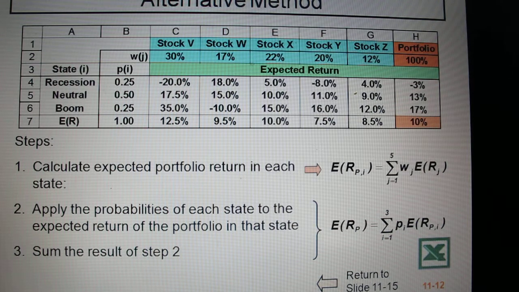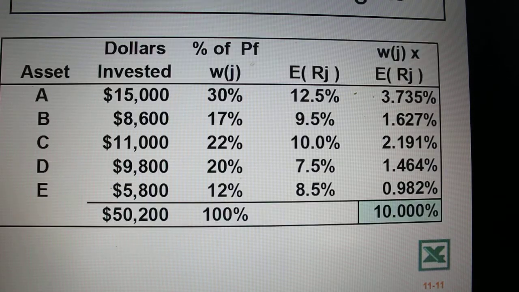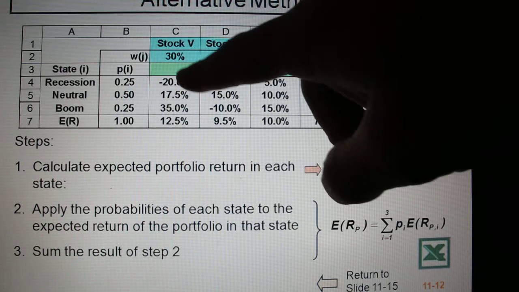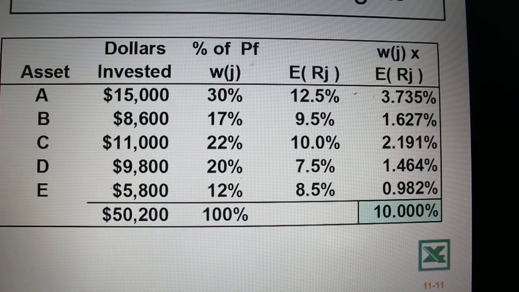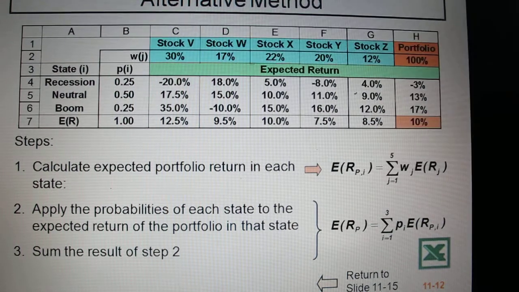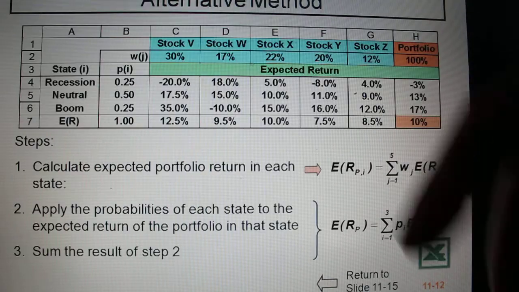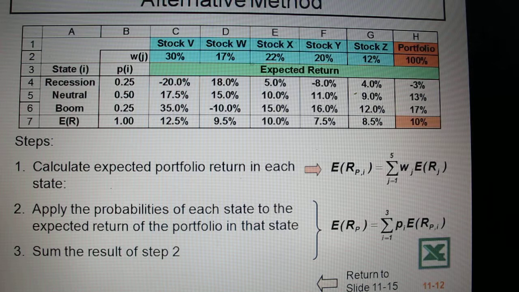Now, let's just click back real quick. Yeah, you still have your original stock percentages, 30%, 17%, 22%, 20%, and 12%, overall 100% of the portfolio. But now you're splitting up those expected returns based on probabilities of recession, neutral, or boom.